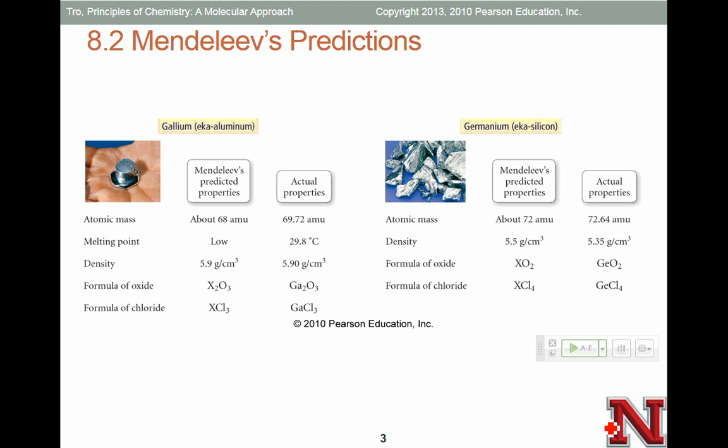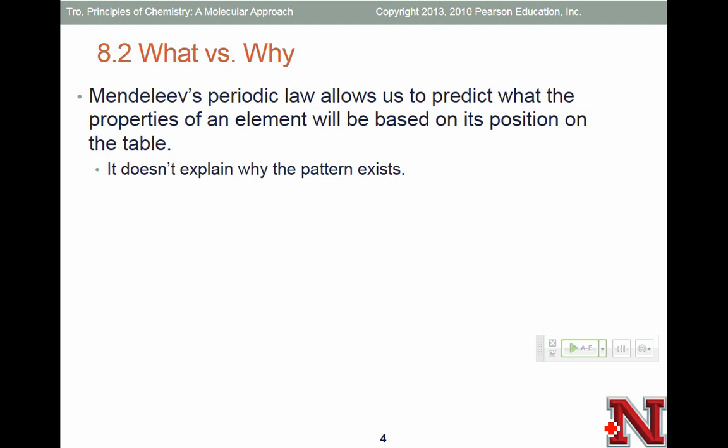He also predicted XCl, and it does combine 1 to 3 with Cl. So he was able to predict that before it was ever found, and he also did that with germanium. So they do provide a prediction, but it didn't explain the patterns. It was great that we could see the patterns, but they weren't explained.